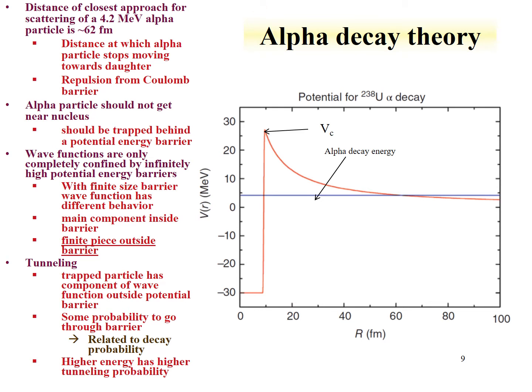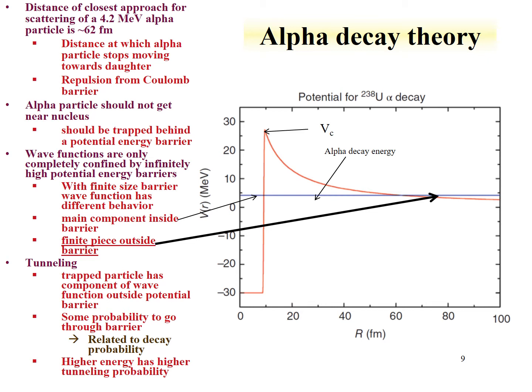So the main component of the wave function that describes where the alpha particle can exist would be inside the barrier, but there's also a finite component that's going to be outside the barrier. So there's a probability of finding the alpha particle outside the barrier. And this is what we call in quantum mechanics tunneling. So the trapped particle has a component of the wave function outside the barrier potential.